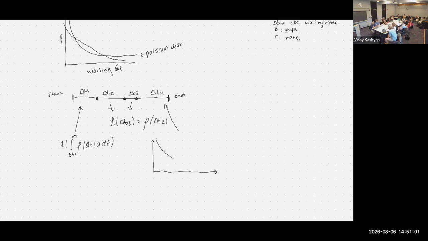You know the waiting time had to be at least delta t1, and so you just include that portion of the PDF as your likelihood. So for a traditional observation that's long, you have a couple waiting times, you know exactly how to do this, even when it's a censored observation.